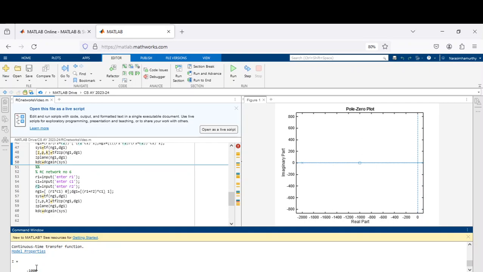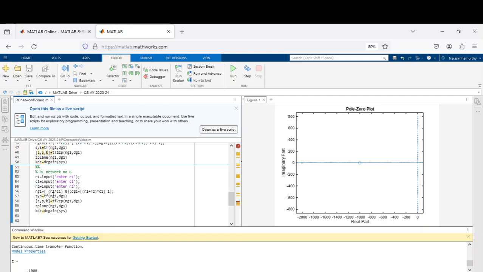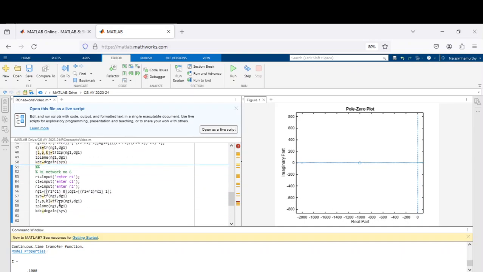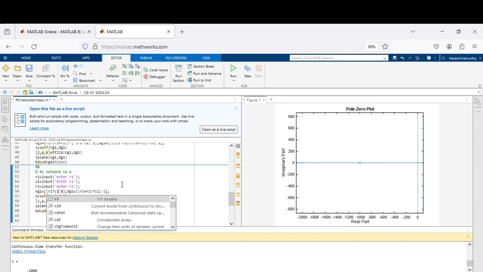The pole zero should be at origin. Zero should be at origin, which is exactly this. Maybe something else is running in the background. Let me check it out.